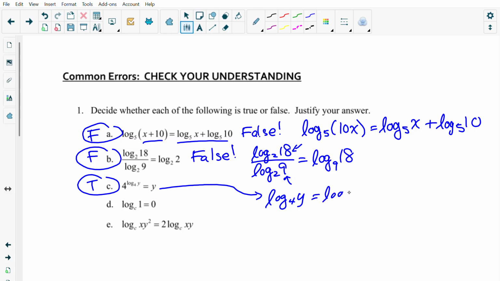This is the classic way of how we convert to logarithmic form, and this, folks, is true all day. Log base 4 of y equals log base 4 of y. So that is true.